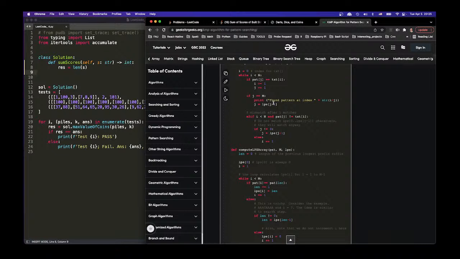I'm still struggling, still trying to think. So at a given position, right?